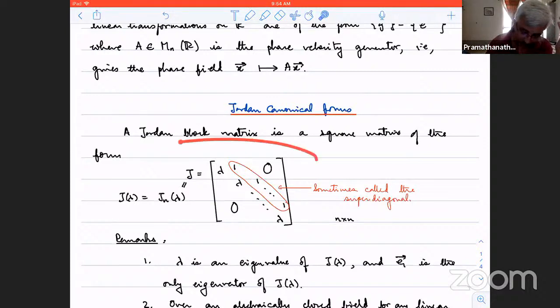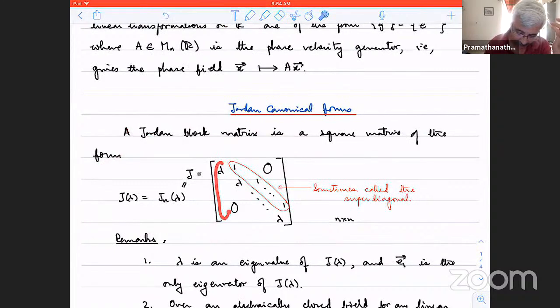You can go blue in your face, but it will not be diagonalizable because it has only one eigenvector, provided n is greater than or equal to 2. There's only one eigenvector, namely that. The rest of them, whatever you do, you'll not get another eigenvector. So each Jordan block contains one eigenvector. It's quite possible that you have 3 or 4 Jordan blocks corresponding to the same eigenvalue.